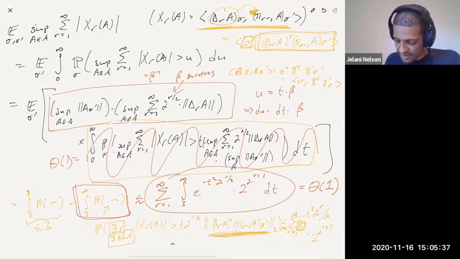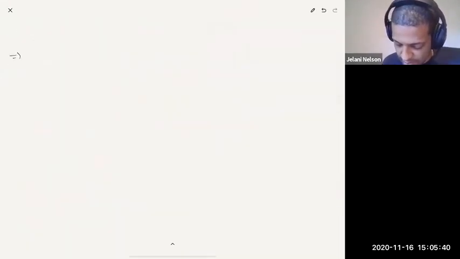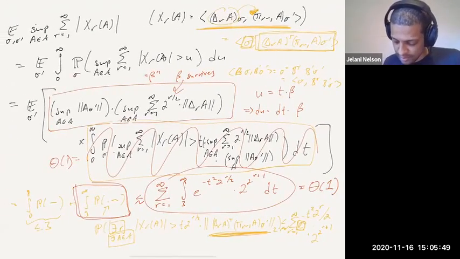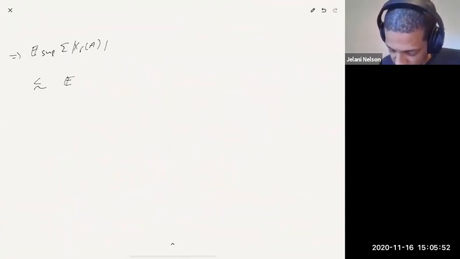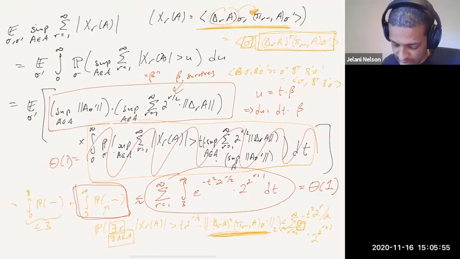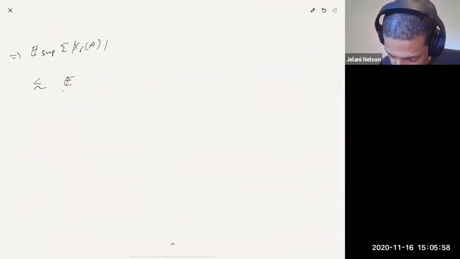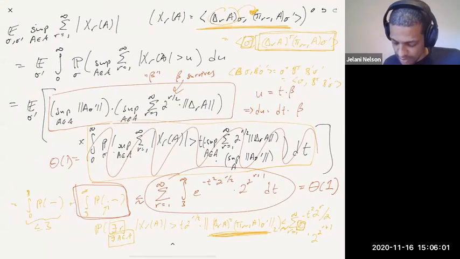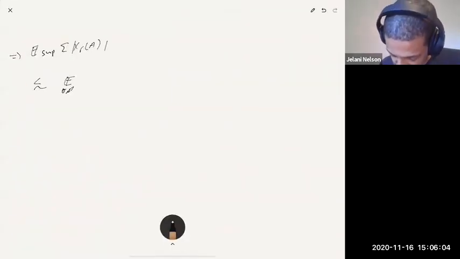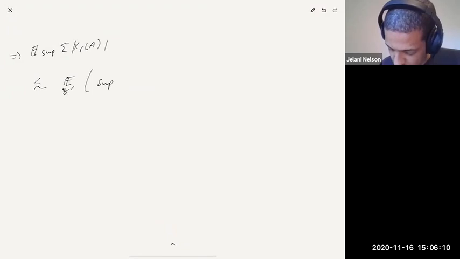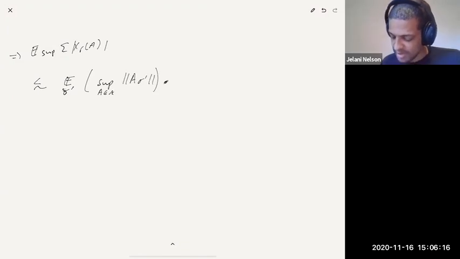So what we have then is that this implies that the expectation of the sup of the sum of XRA is at most, up to a constant, the expectation over sigma prime of the sup over A in script A of A sigma prime times the other thing, which again, I think we're way over time.